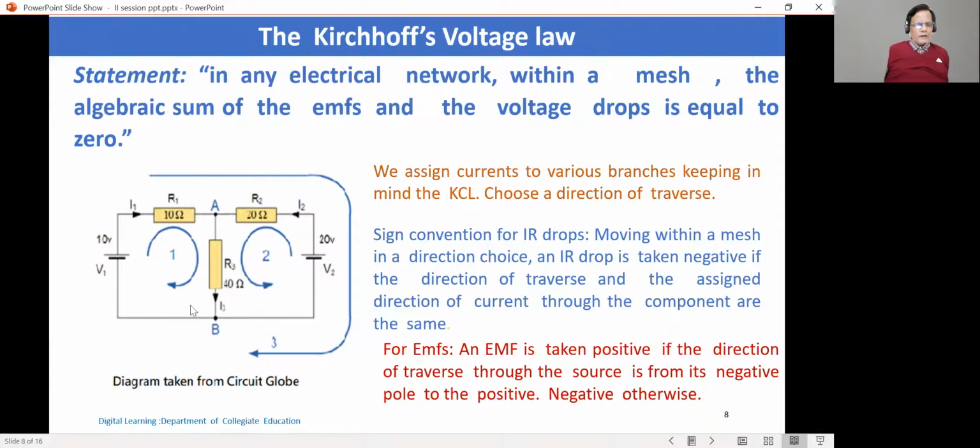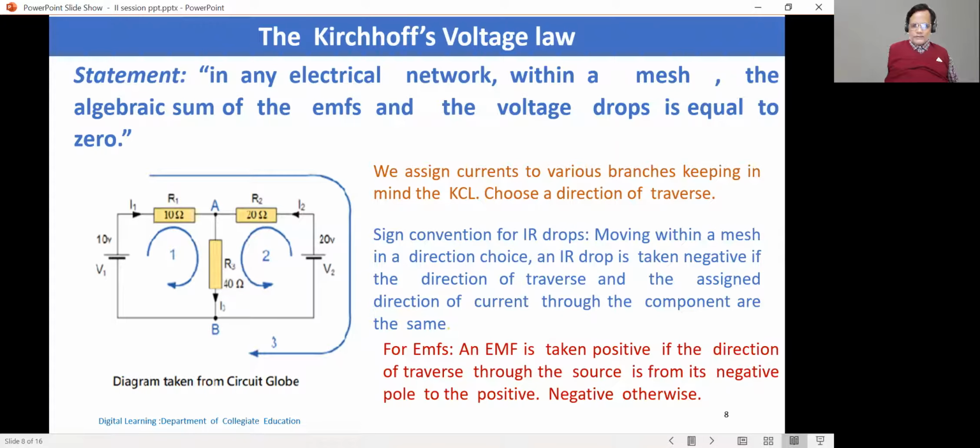I am moving clockwise through the loop, so I will be moving in the same direction as the IR drop, the same direction as the current. Therefore, that IR drop should be taken with a negative sign, because current is expected to flow from higher potential points to lower potential points. Similarly, coming from A to B, I move in the direction of current, hence the voltage drop I3R3 is also negative.